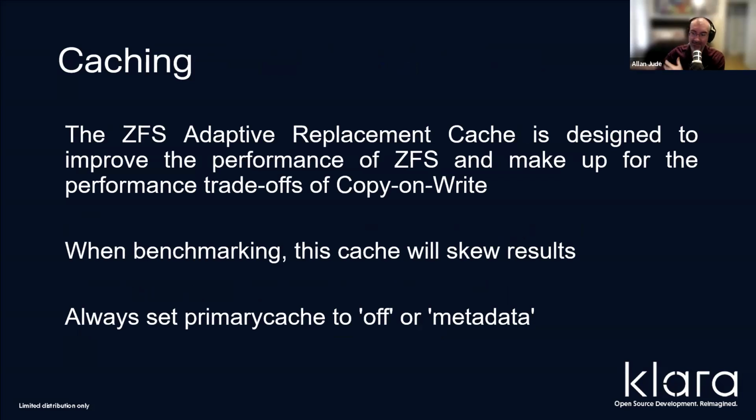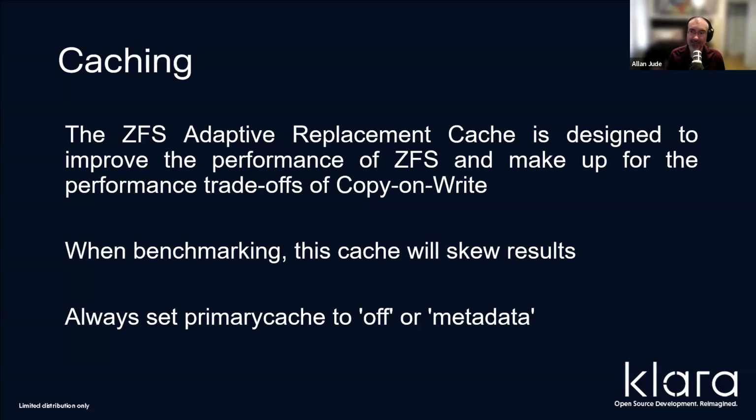Because of copy on write, whenever we're changing something, ZFS is doing more work than most other file systems. And it's kind of spreading the file out across the disk, which, especially on hard drives, can be slightly worse because it involves more seeking and less streaming reads. To make up for this, the ZFS ARC and the prefetch and the other features we'll talk about today work to make up for that fact.